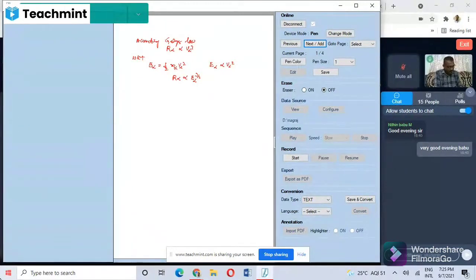If you take the log on both sides, log R alpha is proportional to 3 by 2 log E alpha.